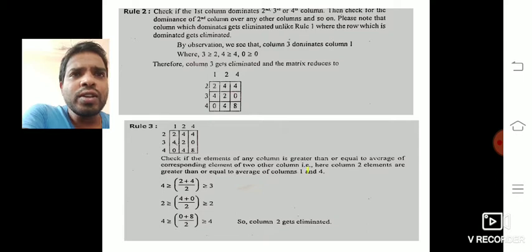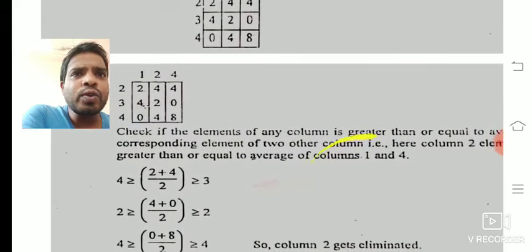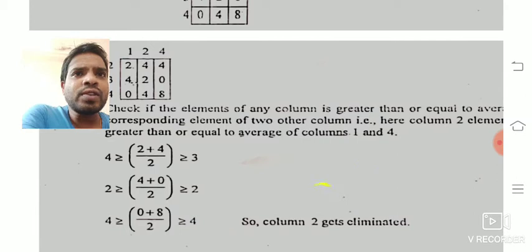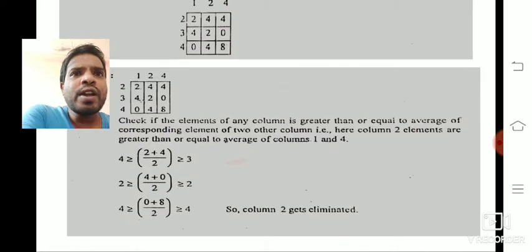Now apply rule 3 here. Check if the elements of any column are greater than or equal to the average of the corresponding elements of two other columns. Here column 2 elements are greater than or equal to the average of columns 1 and 4.